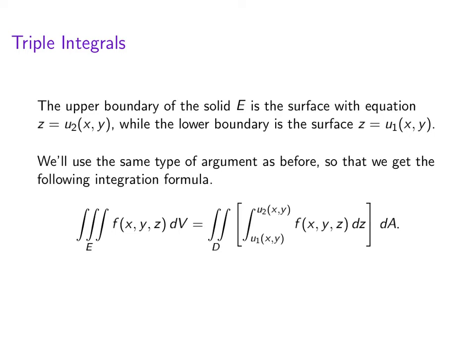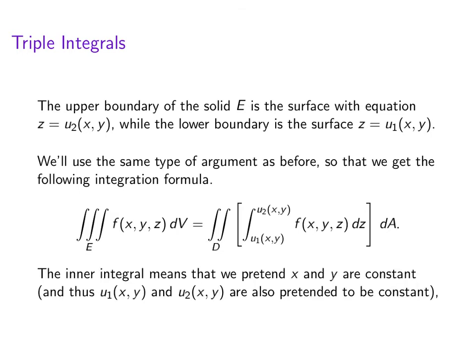So the single integral on the inside, we evaluate that, and then when we're done, we get a double integral. So that inner integral means that we pretend that x and y are constant, which means we also pretend that u1 of xy and u2 of xy are also constant. And when we do all that pretending, we'll integrate f of xyz with respect to z.